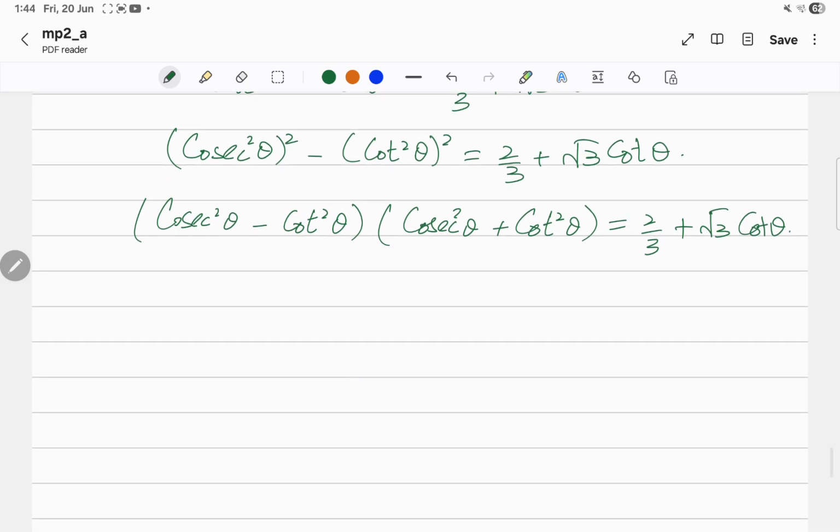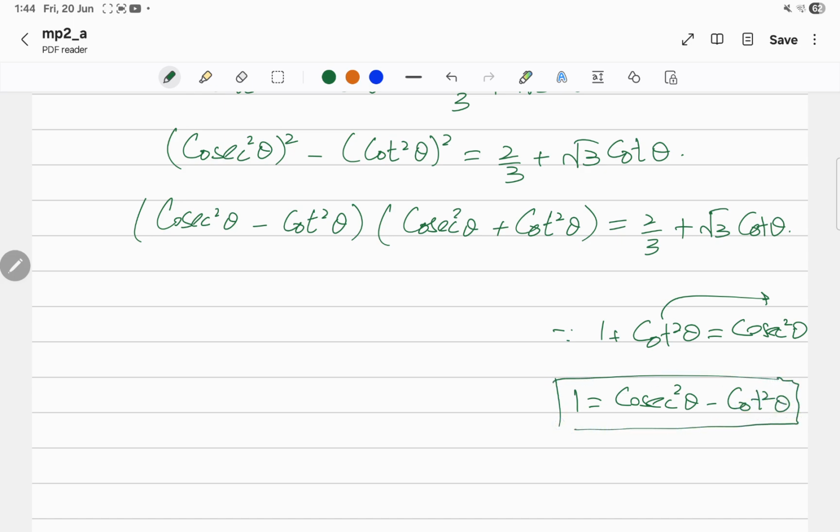Now we can use this identity, 1 plus cot square theta equals cosec square theta, and if you take cot square theta to the right, then 1 equals cosec square theta minus cot square theta. So we can use this result over here. We can replace our cosec square minus cot square with 1, so this will turn into 1.